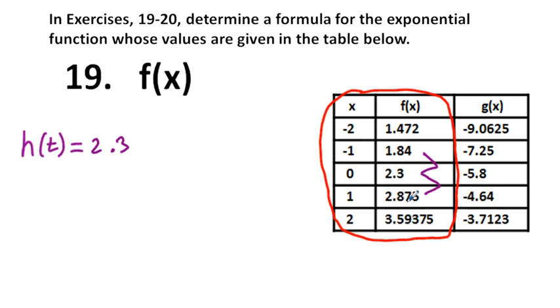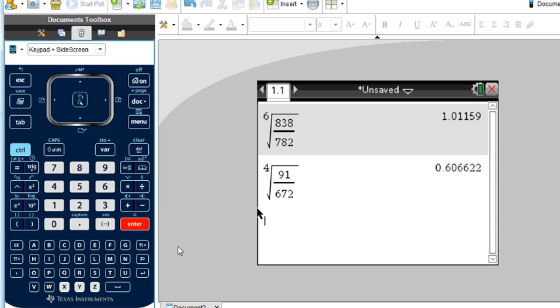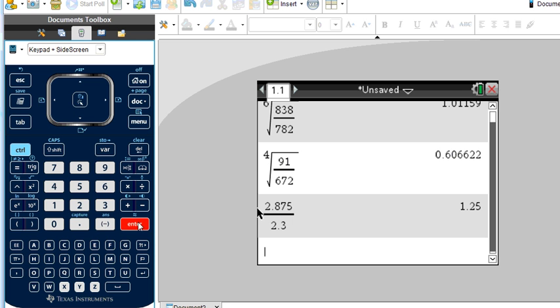So if we take 2.875 and divide that by 2.3, we should get our base as we go from 0 to 1, and it should be the same multiplier to get from 2.875 to 3.59375, etc. So we take 2.875 divided by 2.3, and we get 1.25.